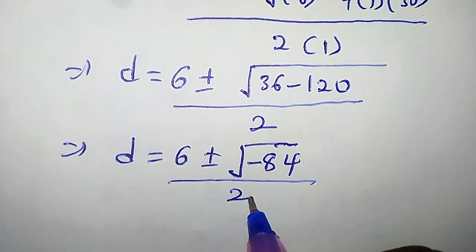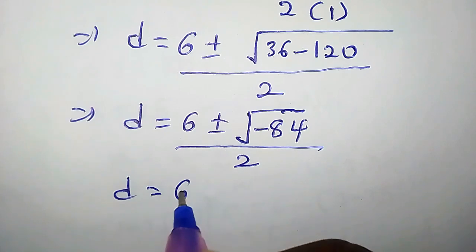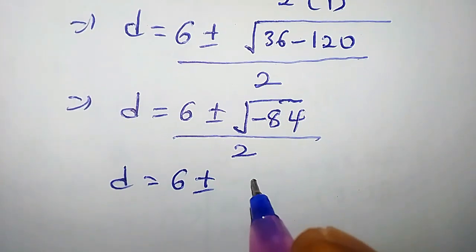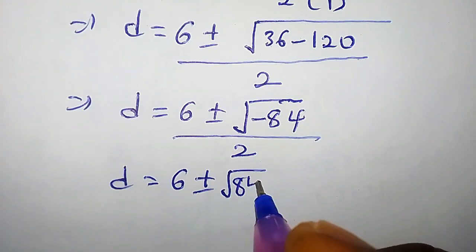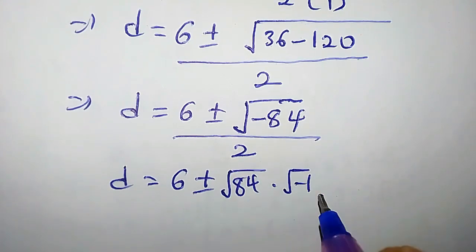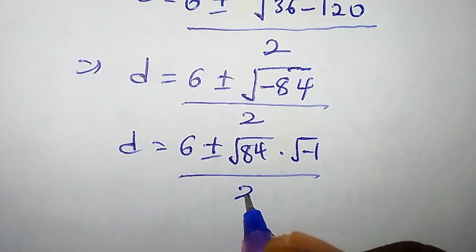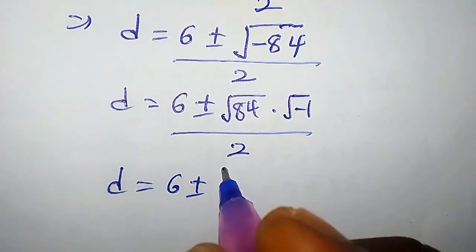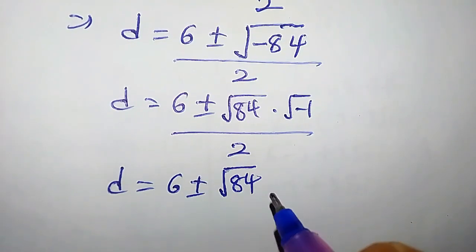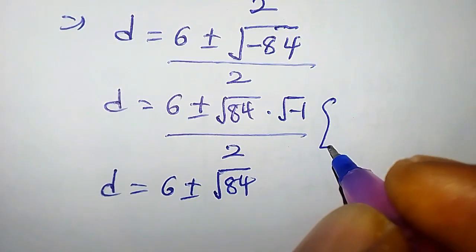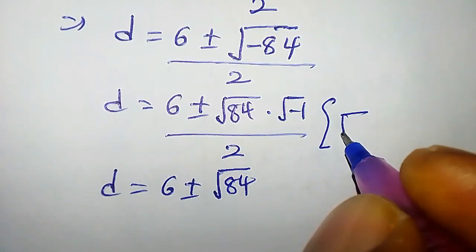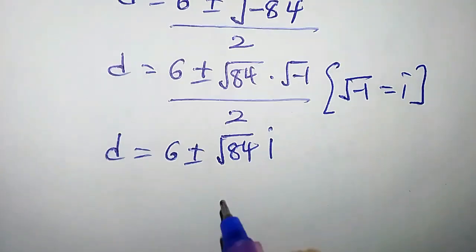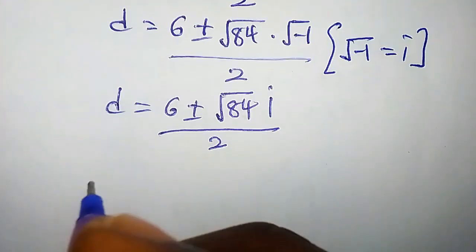Everything divided by 2. d equal to 6 plus or minus. I can actually write this as the square root of 84 times the square root of negative 1, all divided by 2. But don't forget, from complex numbers, we know that the square root of minus 1 is equal to i. So we have i here, all divided by 2.